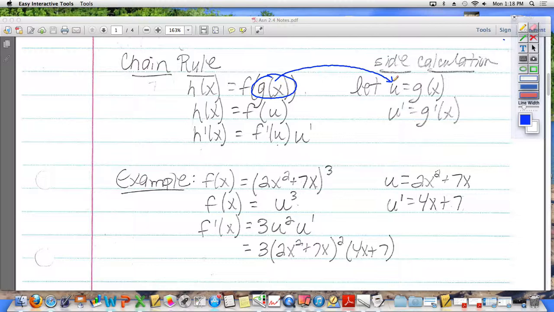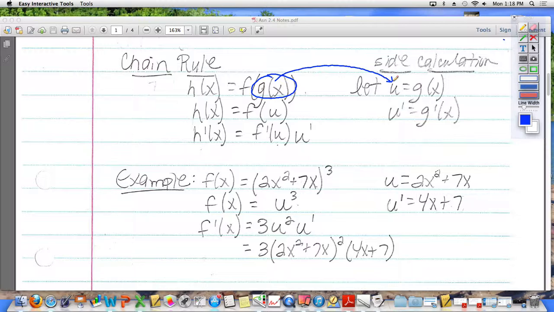You also need to know the derivative of g of x. Usually g of x is something very nice, a very easy polynomial to find the derivative of. So you write down what u is. U is the function that's hidden inside of the other function. You find the derivative of it. So u prime, the derivative of u, is the derivative of g of x.